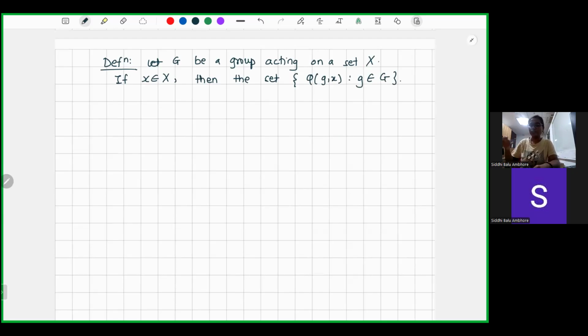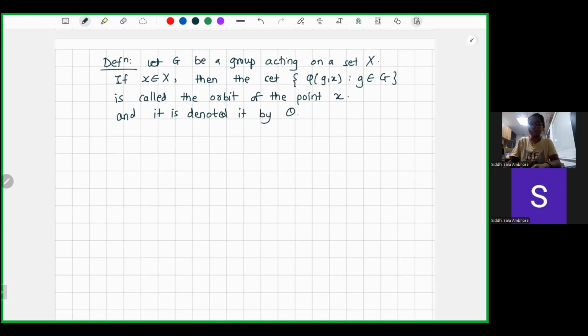So what we do is we are fixing x now, and this set is called the orbit of the point x, and I will denote it by O_x.